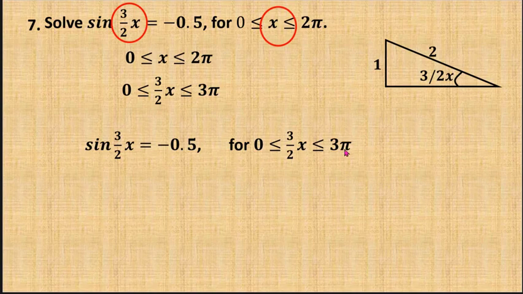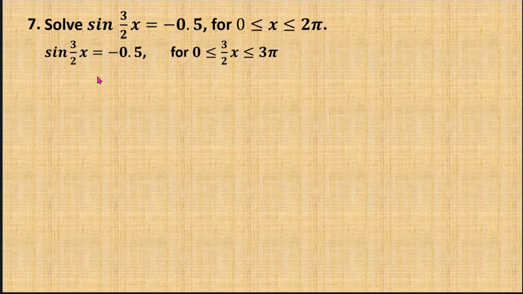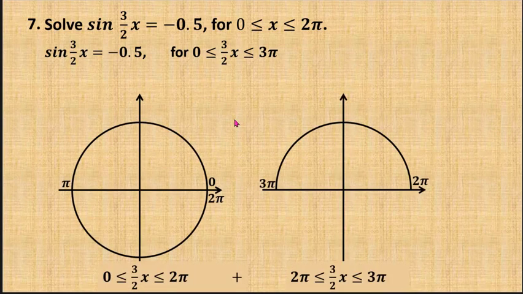Next, I'm going to find the location of the angle. Since the range of the angle is from 0 to 3 pi, this means that the range involves two circles. The first circle is from 0 to 2 pi, and the second circle is from 2 pi to 3 pi. The basic angle is pi over 6.